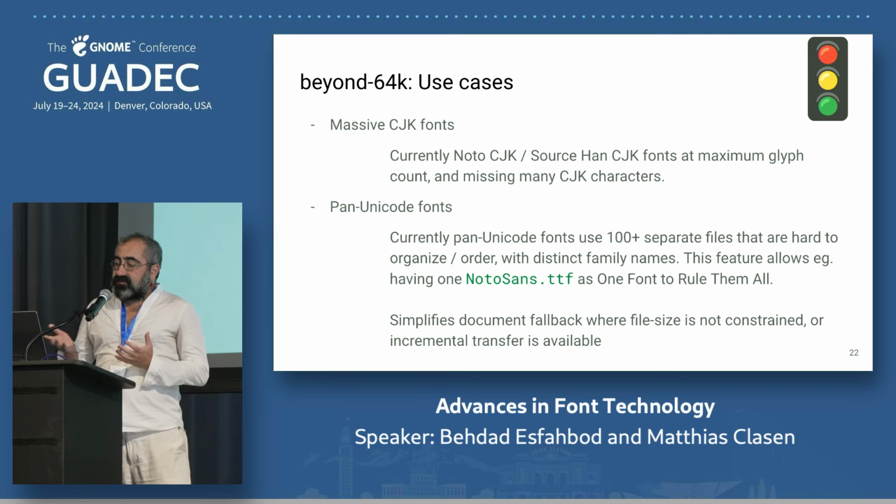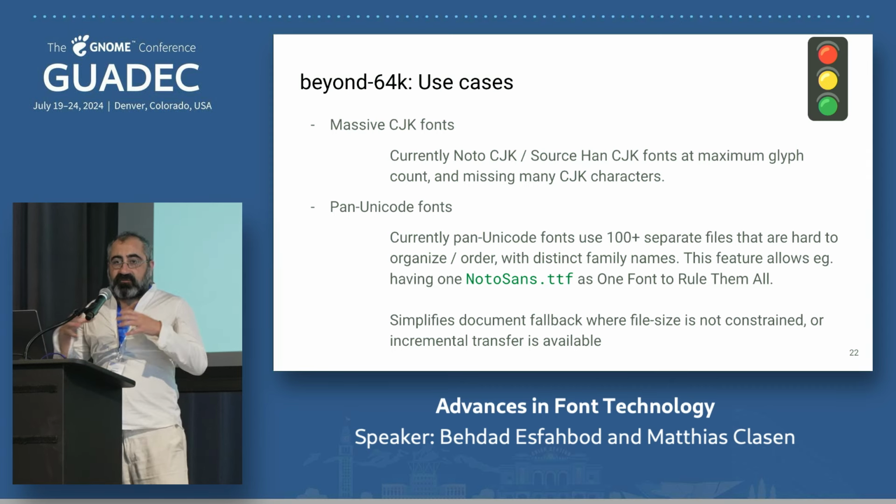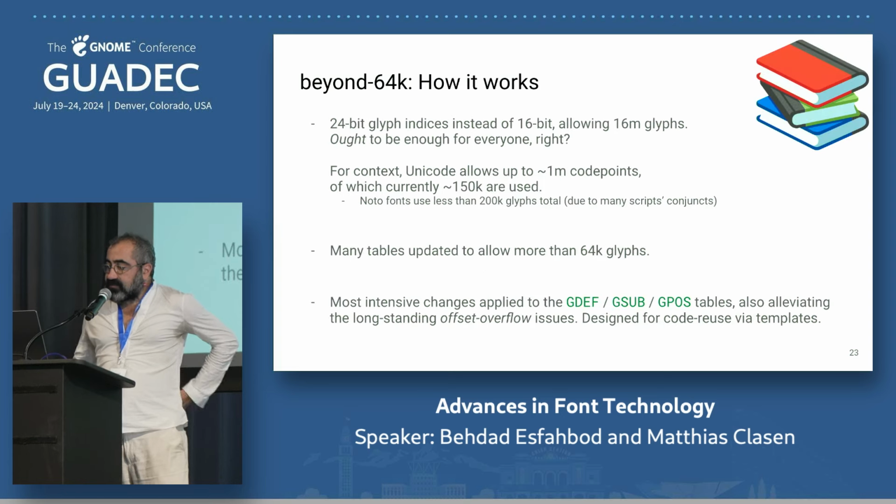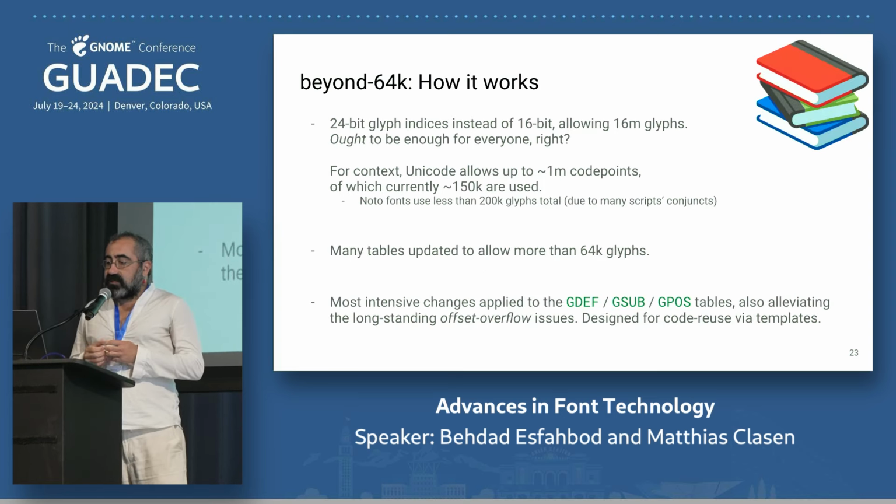And there's also pan-Unicode fonts, something like the Noto Sans family currently involves more than 100 different files because they can't all fit into one font. And then you open LibreOffice and you see Noto Sans Arabic, Noto Sans Devanagari, you see 100 families listed, which is extremely bad user experience. So what we are doing is we are introducing 24-bit glyph IDs, and this allows for up to 16 million glyphs, which should be enough.